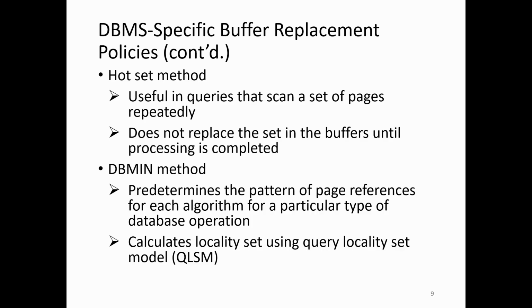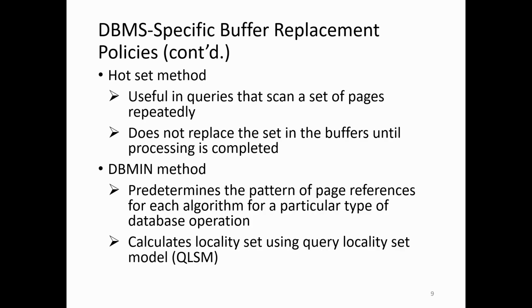So those same pages need to be kept in main memory. So the hot set method is useful in such situations. In the hot set method, buffers will not be replaced until processing is completed.